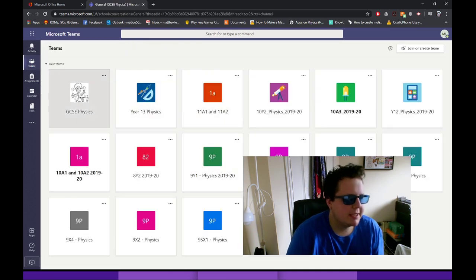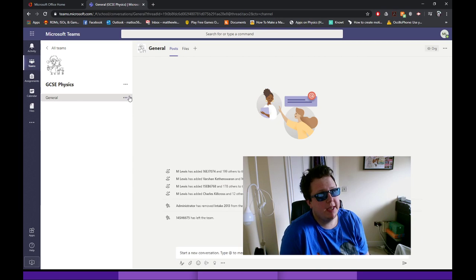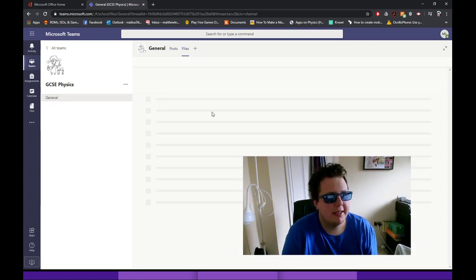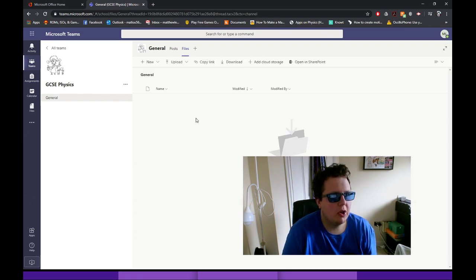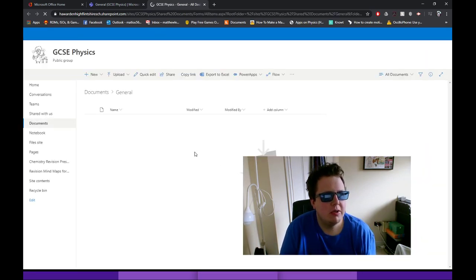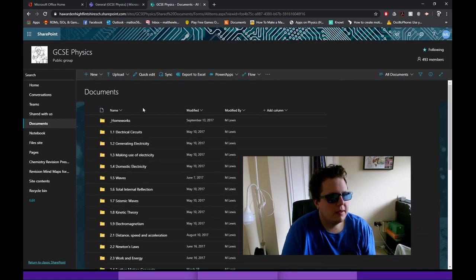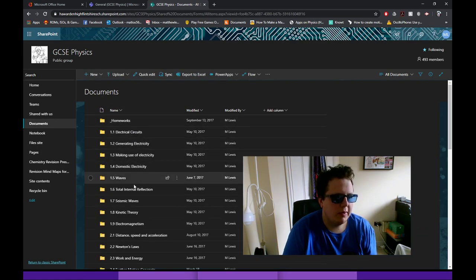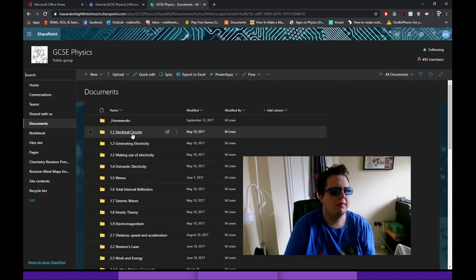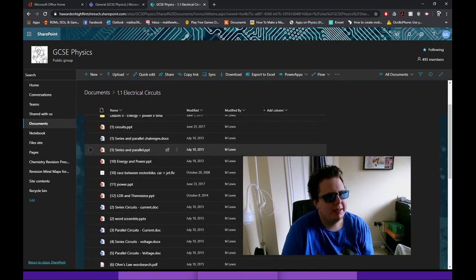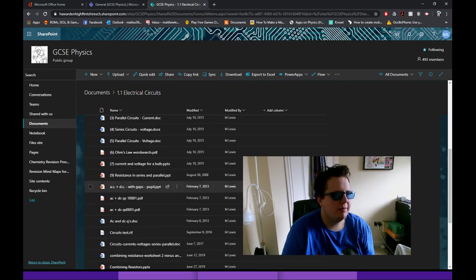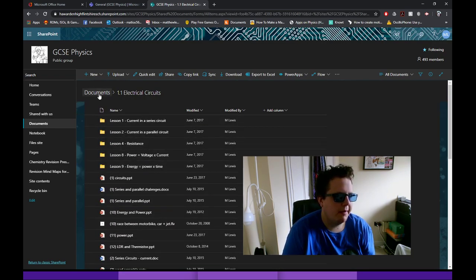If you go GCSE Physics, which pretty much all of Year 9 and Year 10 will be members of, if you look at the files in this team, there are loads and loads of files. Let's open it up in SharePoint. Loads of files that are there to help you with this. Electrical circuits all the way down, loads of different files. Slowly this can be added to and sorted out, because at the minute it's a little bit of a mess. But you can see lots of different activities and things for you to do on there.